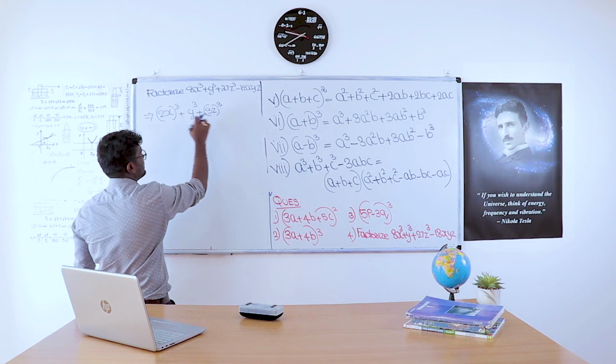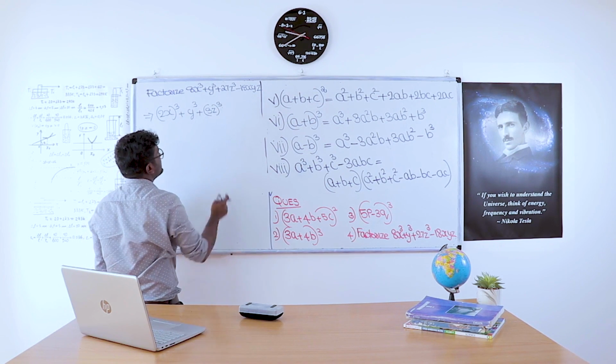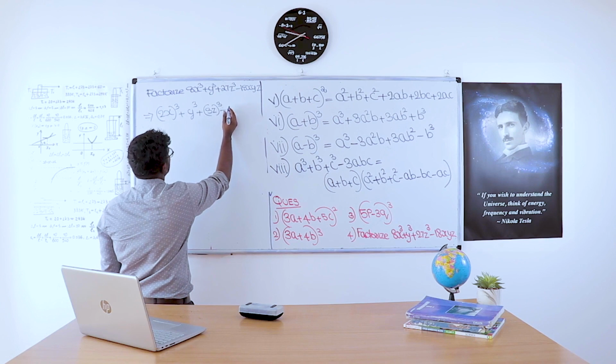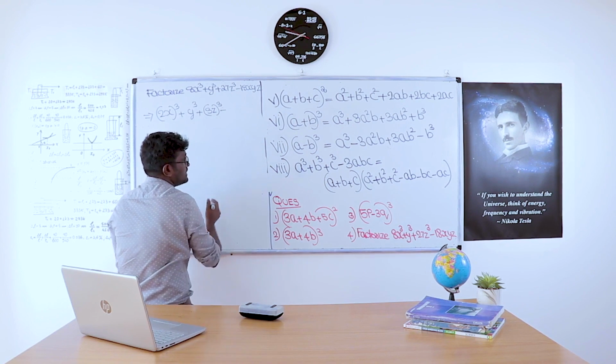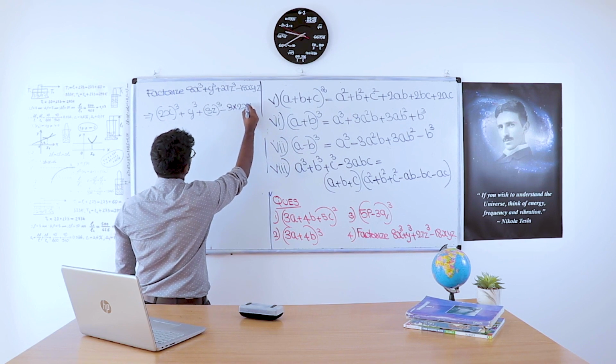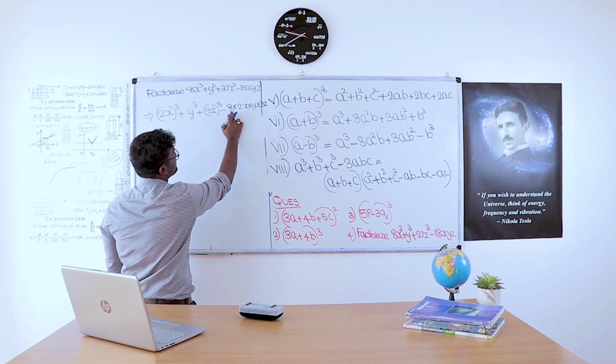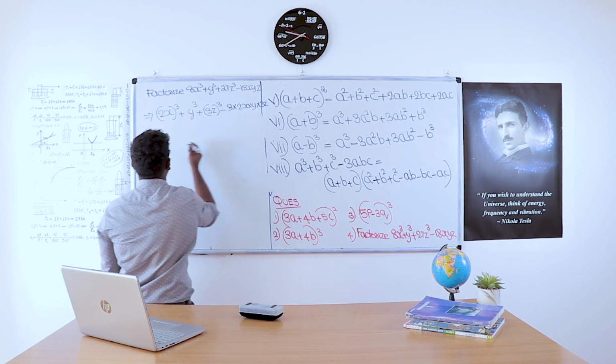So this is a and this is b, this is a, this is b, and this is c. So minus, this can be written in the format 3 into 2x into y into 3z. Is it right? 2 into 3, 6, 6 into 3, 18. 18xyz. Correct.